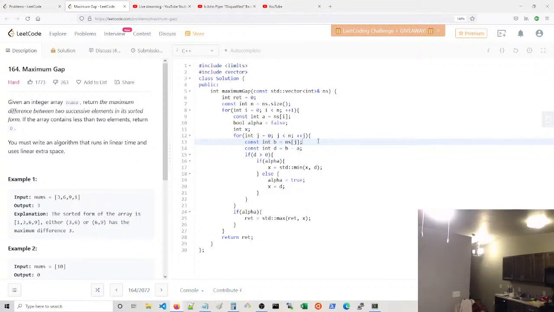Maybe the stack could be of the smaller of the minimum differences. Each time you see a minimum difference, you could push that onto your stack, and so that would be monotonically increasing.